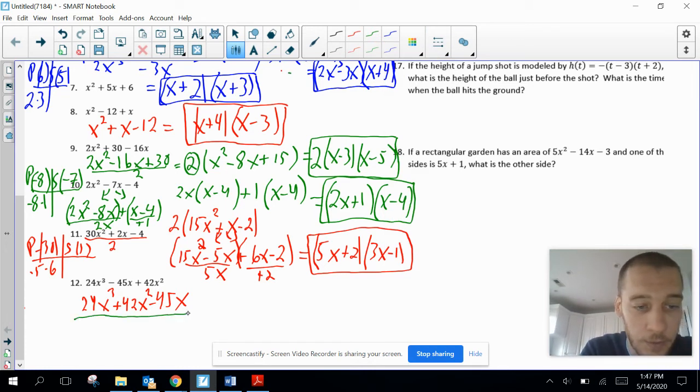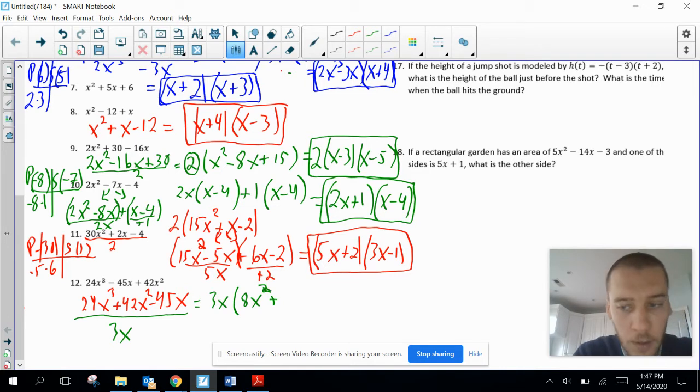These are all divisible now by what? 3? Yeah, 3x. So after I pull out a 3x, what's left is, help me out, 8x squared plus, what's that? 42 divided by 3 is 16.